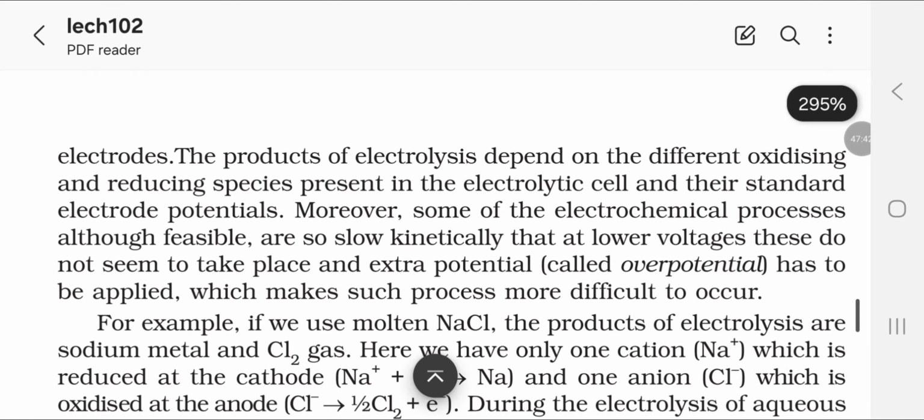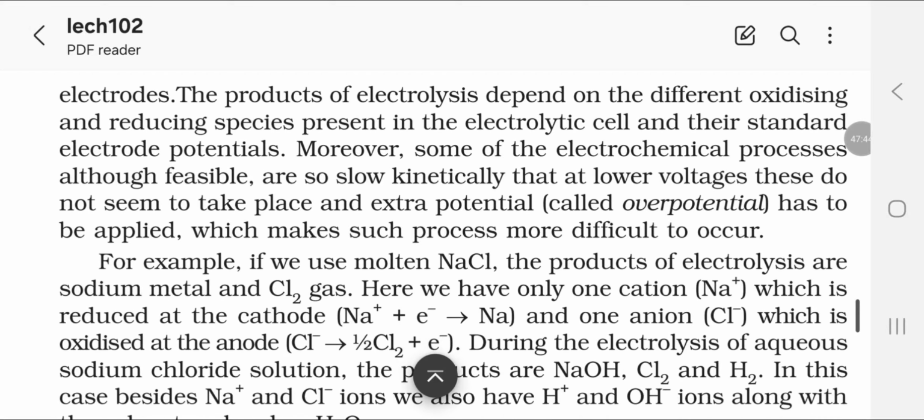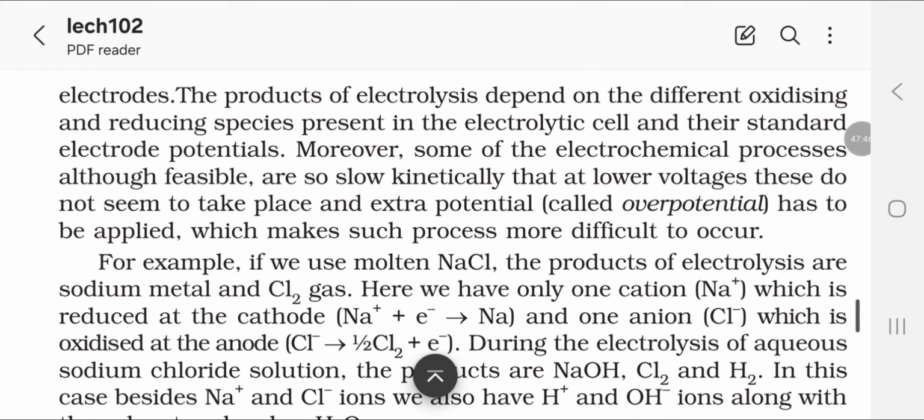The product of electrolysis depends on different oxidizing and reducing species present in the electrolytic cell and their standard electrode potentials. Moreover, some of the electrochemical processes, although feasible, are so slow kinetically that at lower voltage these do not seem to take place and extra potential called overpotential has to be applied, which makes such processes more difficult to occur.